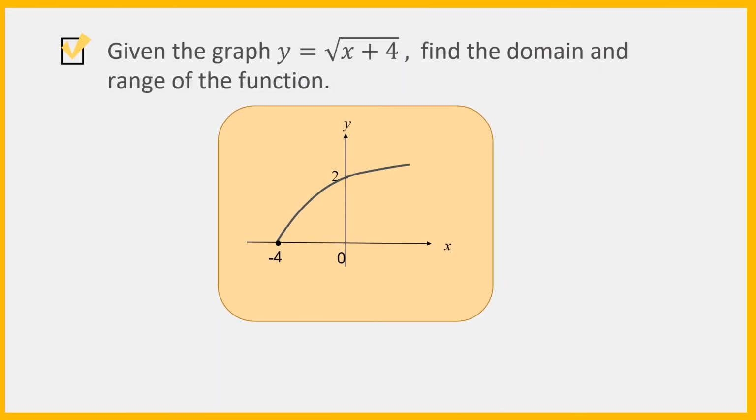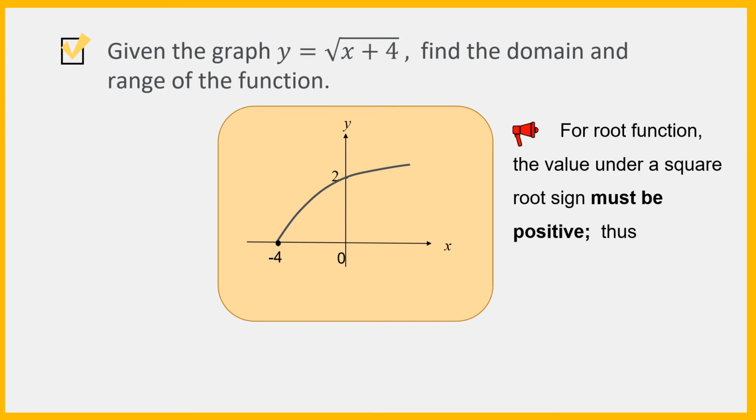Here we are given the graph of a root function y equals square root of x plus 4. Since it is a root function, the value under the square root sign must not be negative. Thus, this is possible for values of x greater than or equal to negative 4.